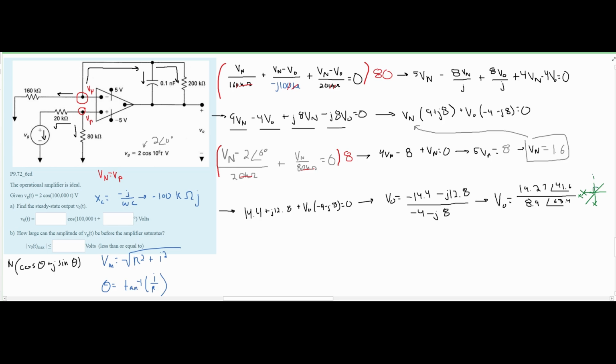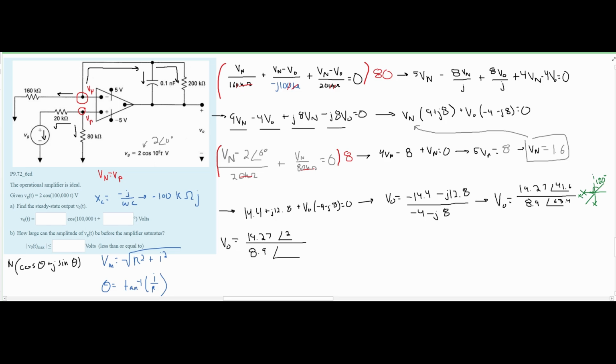So that means we're going to have to add 180 degrees to both of these to actually find the correct answer. So that means our real v0 is still going to be equal to 19.27 over 8.9. However, our angles are just going to be 41.6 plus 180 and then 63.4 plus 180.